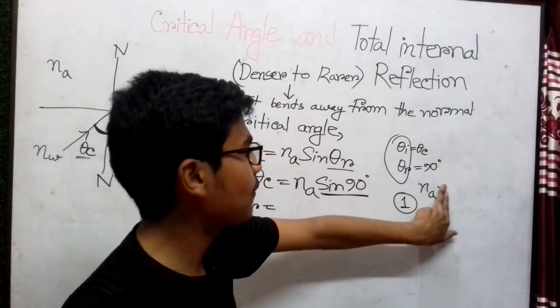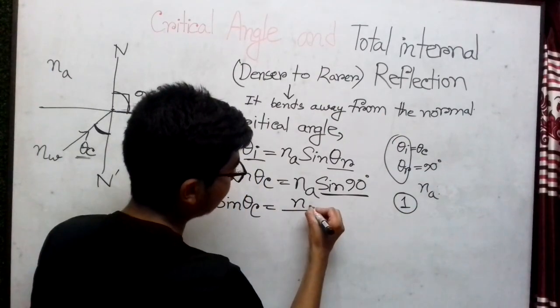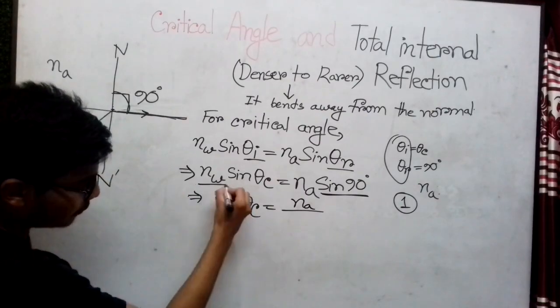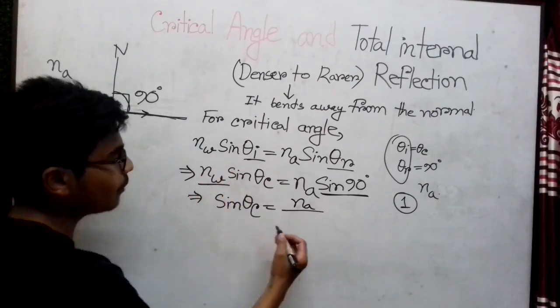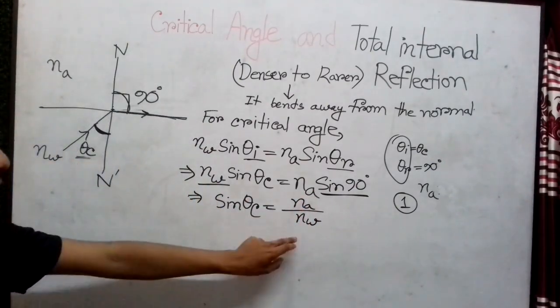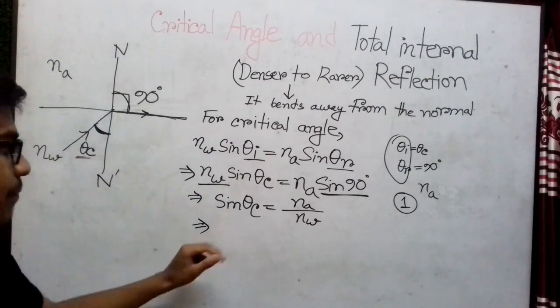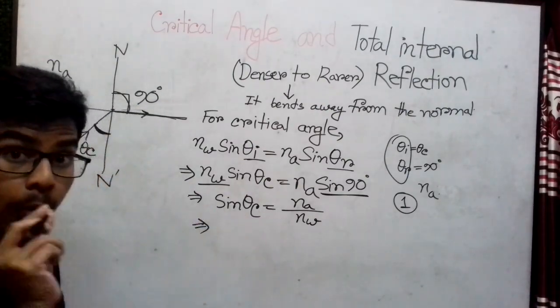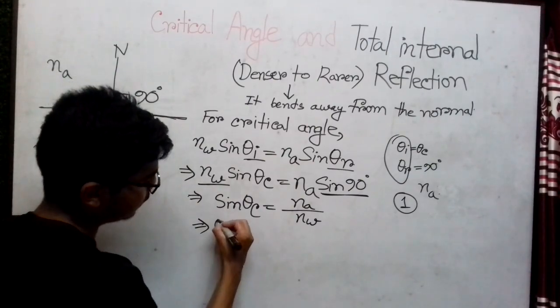I transfer NW from this side to that side, so it is divided: NA divided by NW. Now we change this equation again because we want the value of theta C, the value of the critical angle. So what will it be?